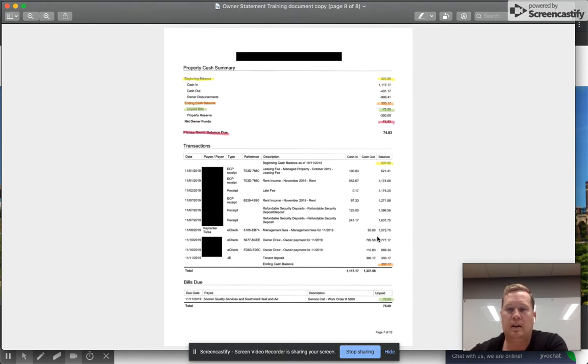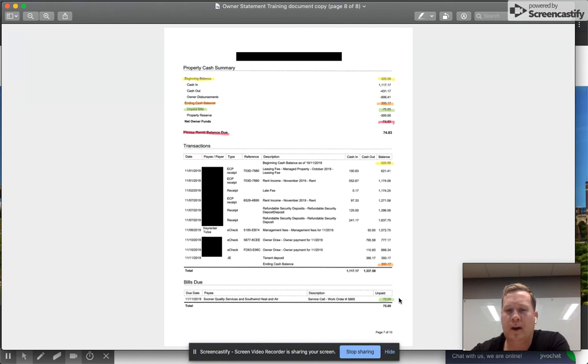Here on the last page is just a few more exceptions that you might see. The starting balance was $520.58, and the ending balance was $300.17. So here, the ending balance is $317. However, this property has an unpaid bill that is reflected down here in this bills due section.